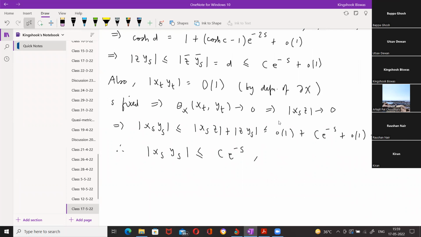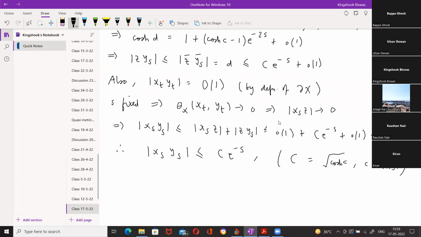Where this constant you can explicitly work out. C is something like the square root of cosh c or something you can take, where little c is the distance xy. Is it clear? Yes, sir.